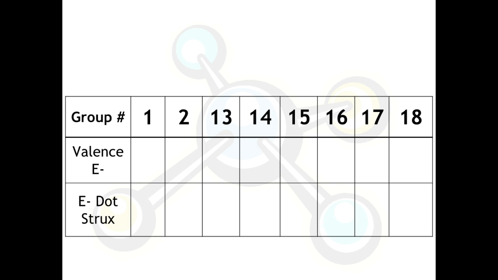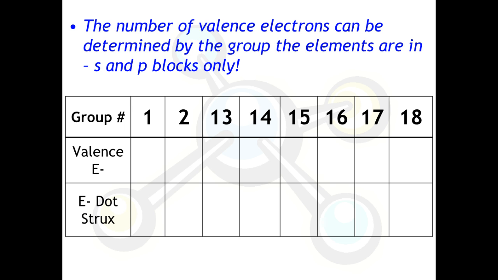So let's talk about the periodic table because we love it and it's awesome and it's pretty and we dream about it. The number of valence electrons can be determined by the group the elements are in. Only in the S and P block, though, because those stinking transition metals are special, and they're not going to let things be easy.